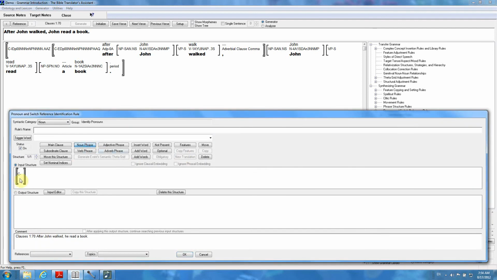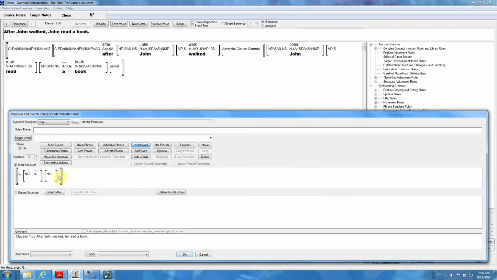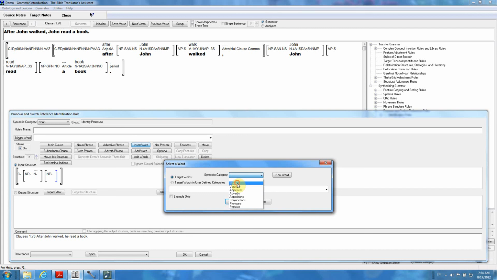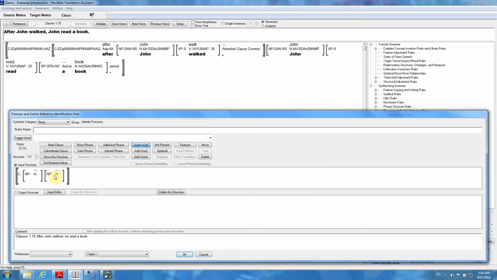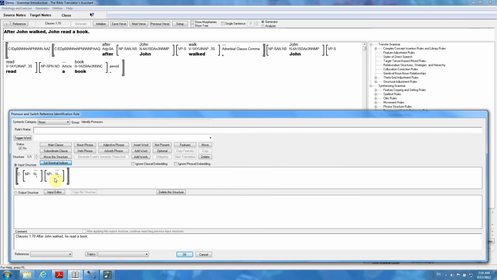And we'll begin by building a structure that has two noun phrases. I'll insert nouns into both of them. Now we want these two nouns to be referring to the same referent. So I'm going to set both of their indices to I. Now we know both of these nouns have the same noun list index value, so they are the same referent.